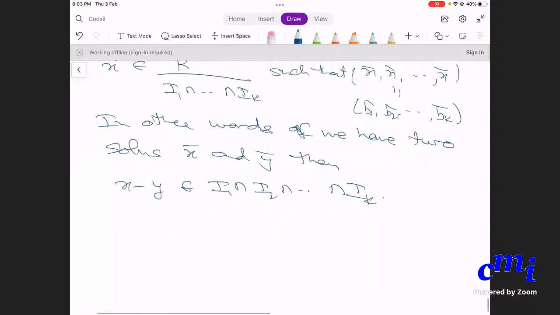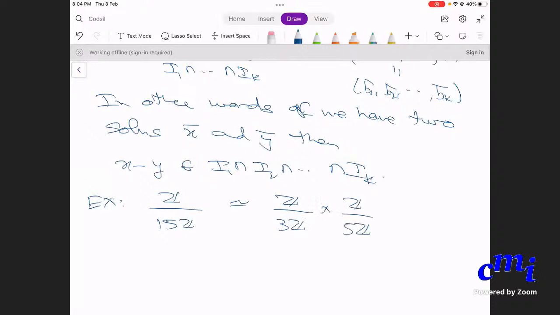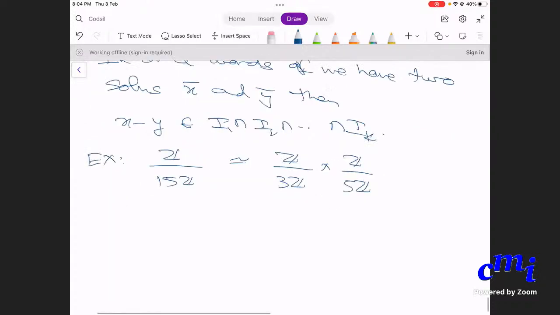So for example, we know that Z mod 15Z is isomorphic to Z mod 3Z cross Z mod 5Z, right? Suppose I take the element 2 bar, 0 bar.